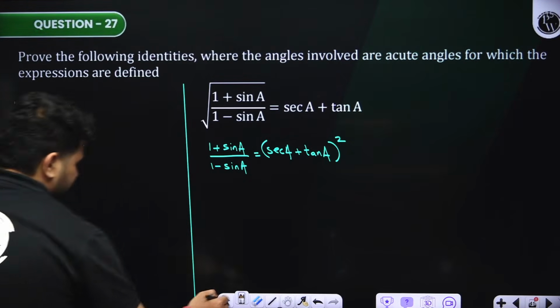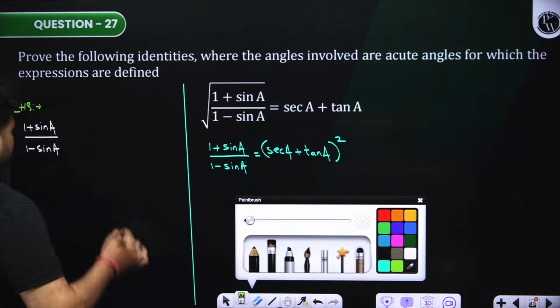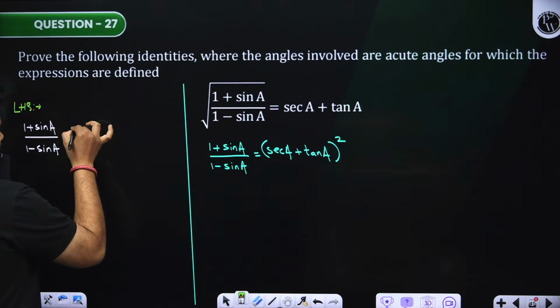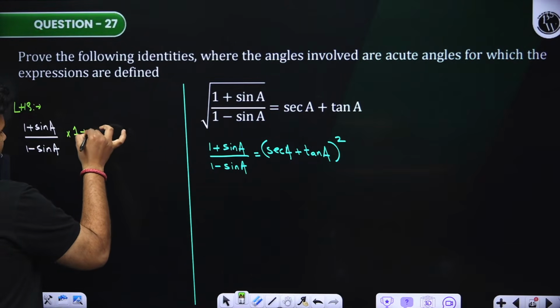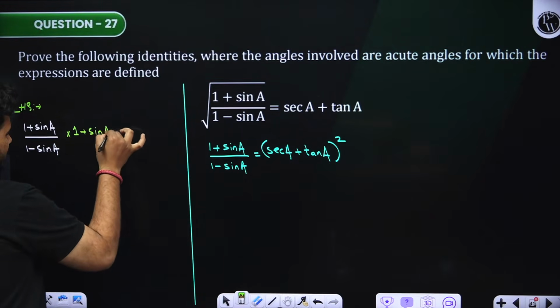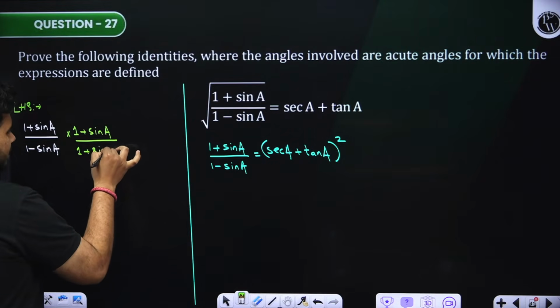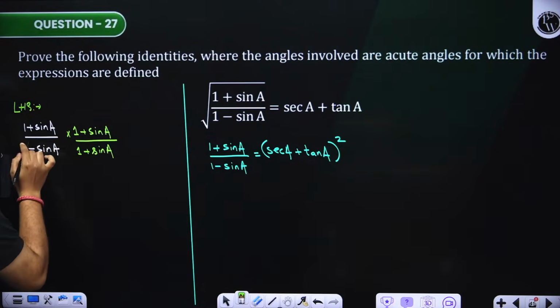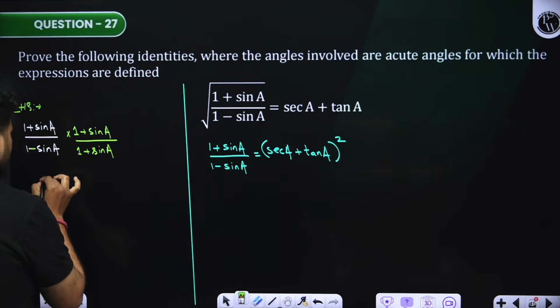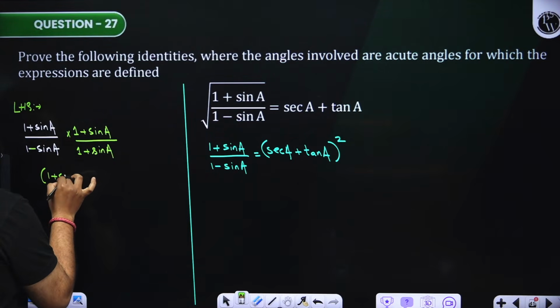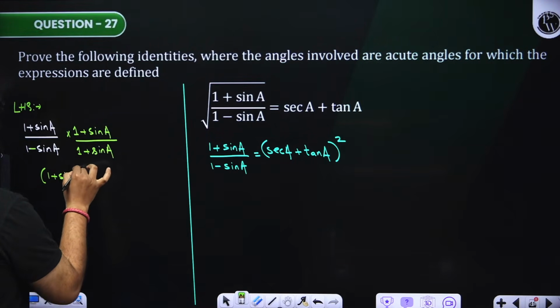Okay, fine. Chalo. So from here, students, we can multiply by what? Multiply by 1 plus sin A divided by 1 plus sin A. Multiply and divide by 1 plus sin A, that is the opposite of this. Clear? So in the numerator we have 1 plus sin A whole square.